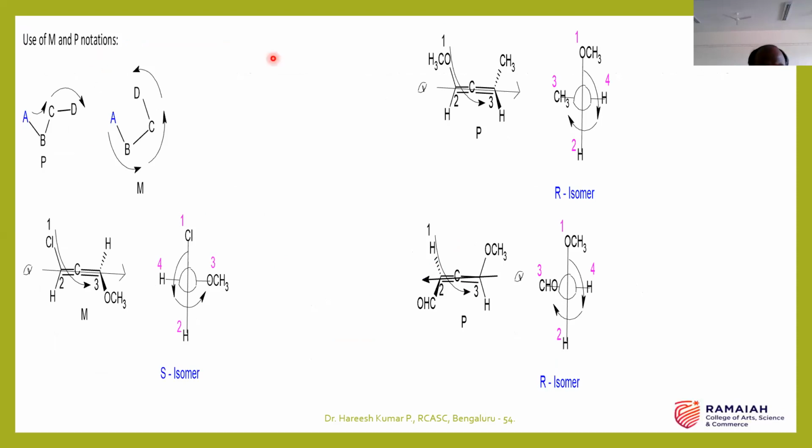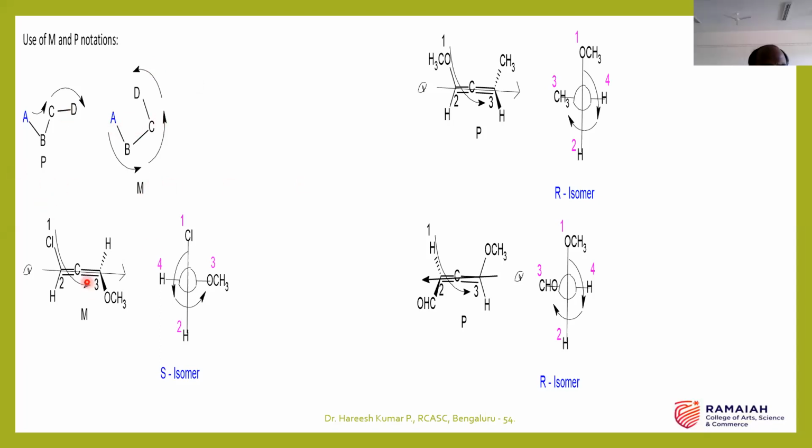In a crowded molecule, if the priority is moving from A to B, B to C, C to D, it will be moving in a clockwise direction. If that is the case, it is called P. And similarly, A to B, B to C, C to D moving in an anti-clockwise direction is called M.